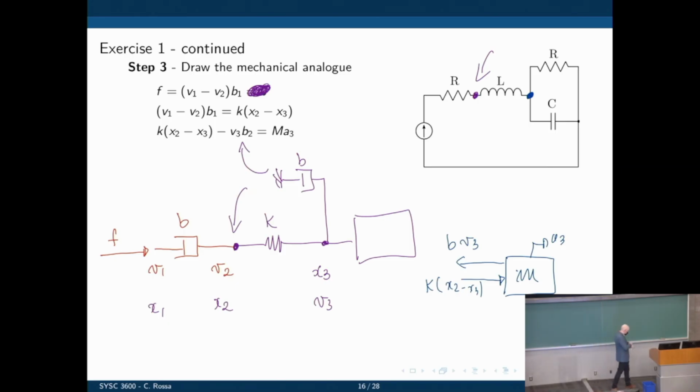Any questions? Yes, you could also put it facing the other side. Doesn't matter. We could put it facing the other side, or we could put it here. It's the same thing.